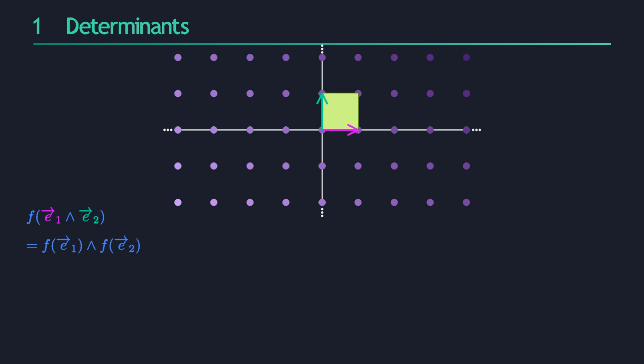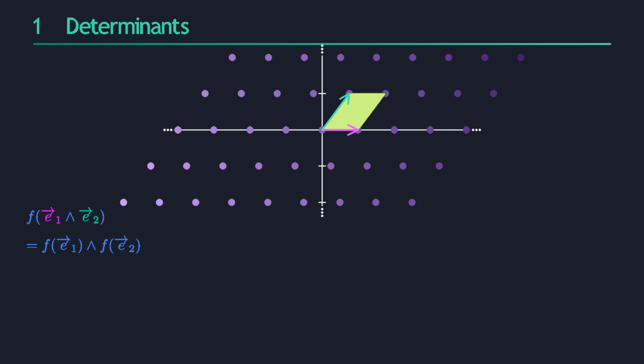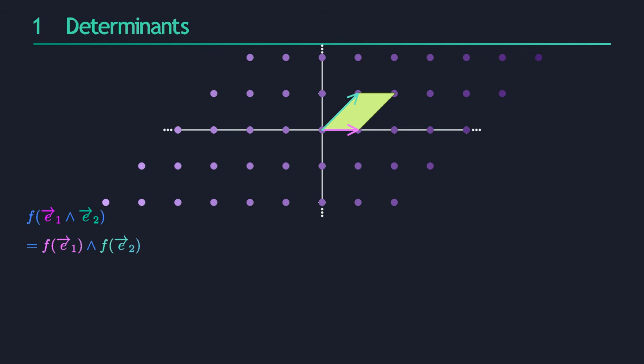The formula tells us that we have to transform each of the basis vectors and then wedge the two transformed vectors together. This is incredibly cool. What we have here is a formula that literally produces the resulting parallelogram. It's a new bivector.